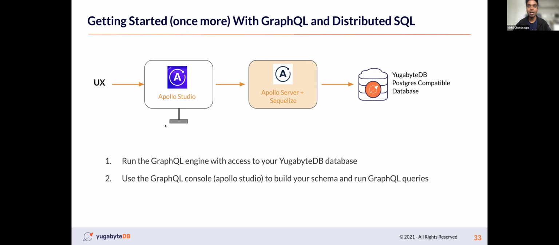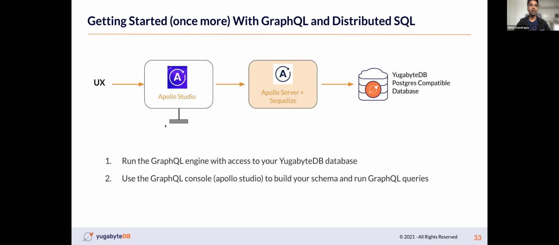We will go over how to create a data store for YugabyteDB using Sequelize. All the APIs that Sequelize provides, like create, find by one, find by user ID, or by a column of the table itself, all continue to work with the Yugabyte database.